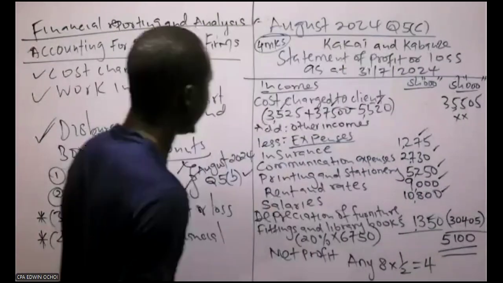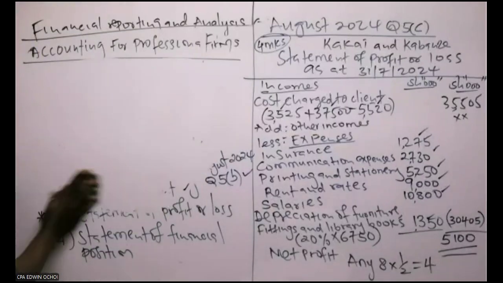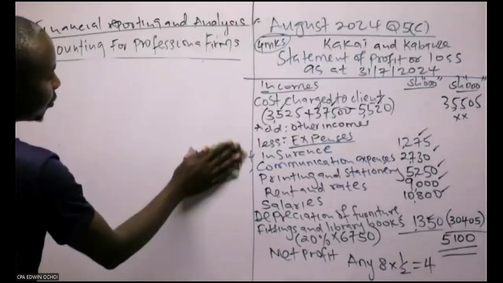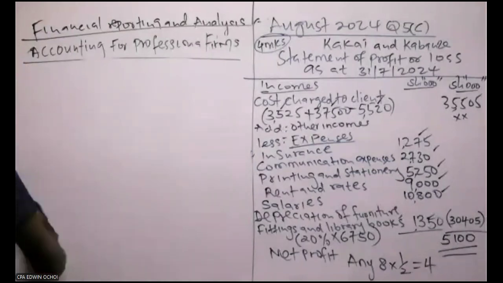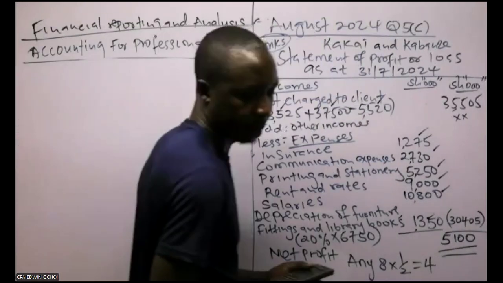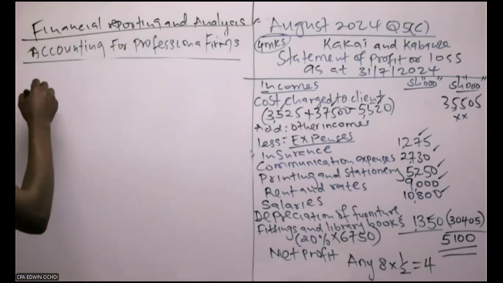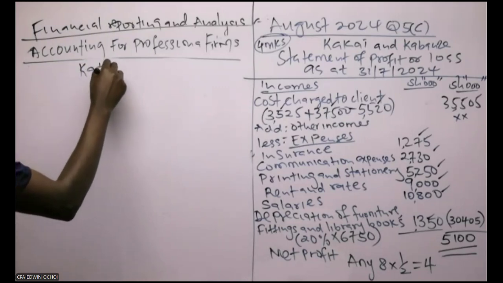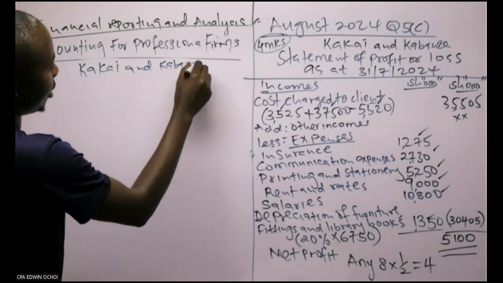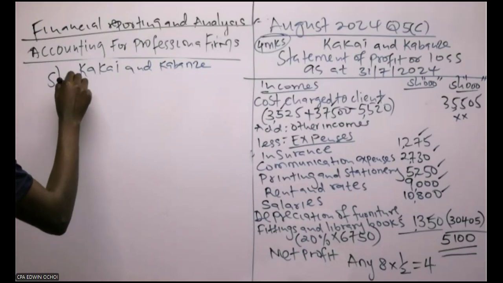So let's do the statement of financial position. Let's look at, let's say, Kakai and Kabaze.